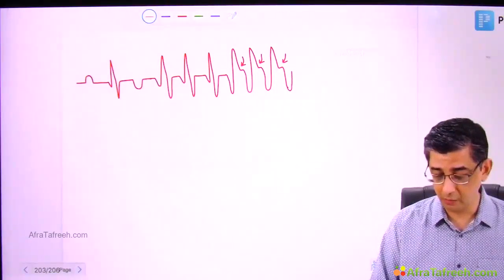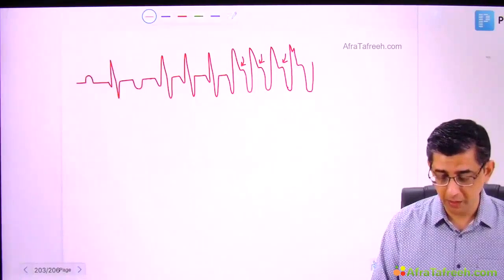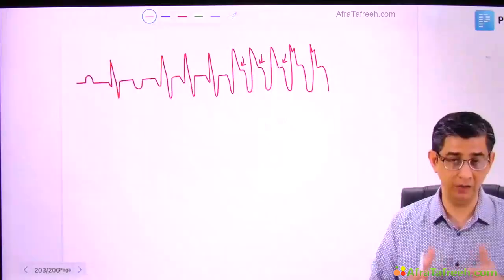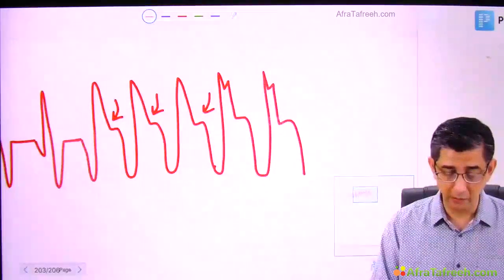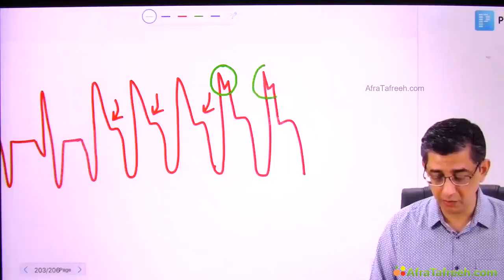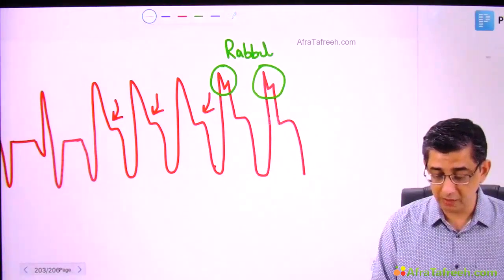I'm going to hand draw one more rhythm here before you, in which this may or may not be visible, depending on the examiner, whether he wants to incorporate the next aspect I've highlighted: a bundle branch block kind of pattern. You can notice a rabbit ear pattern that I've shown in this case. The reason for the rabbit ear pattern is intermyocyte conduction occurring.